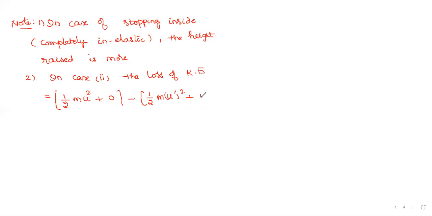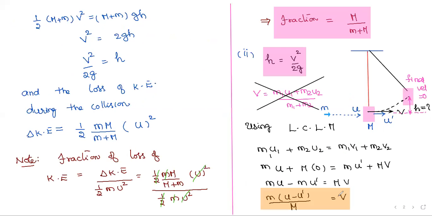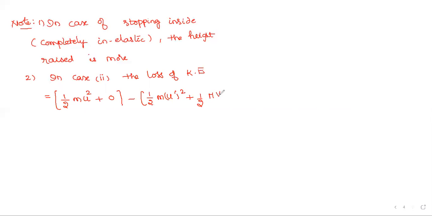This is the kinetic energy of bullet plus kinetic energy of the block. The block moves with a velocity v, given in the previous page. So here half capital M into v square.